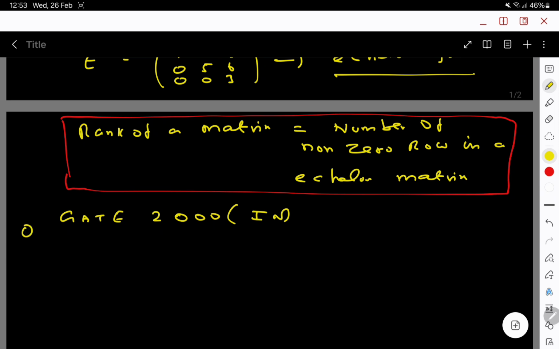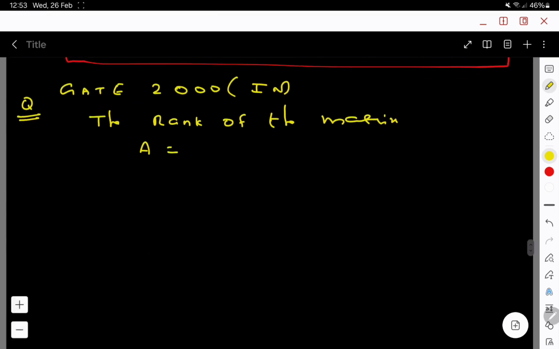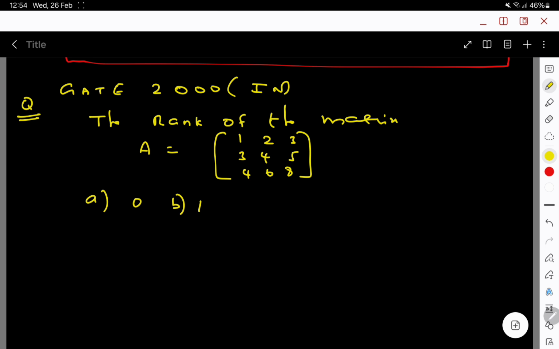Question: the rank of the matrix A equal to 1 2 3, 3 4 5, 4 6 8. Options are 0, 1, 2, 3.